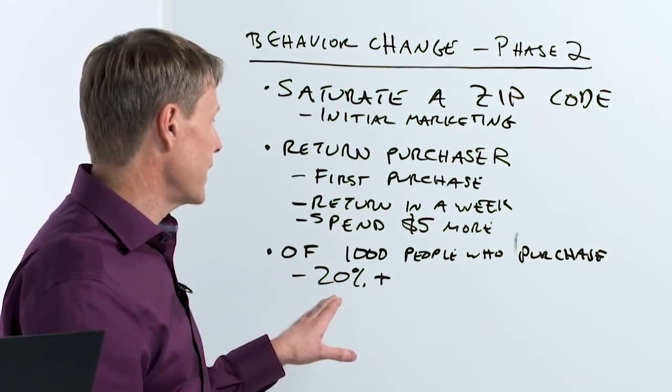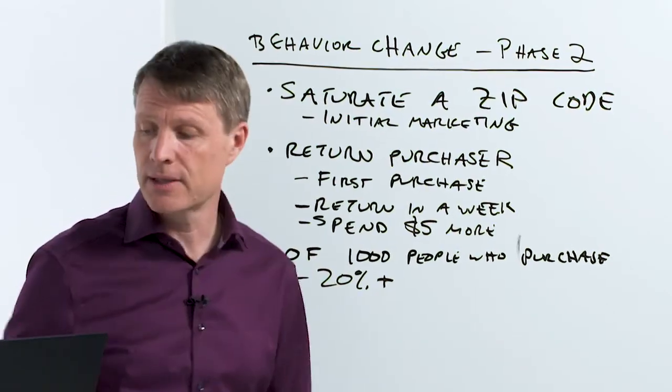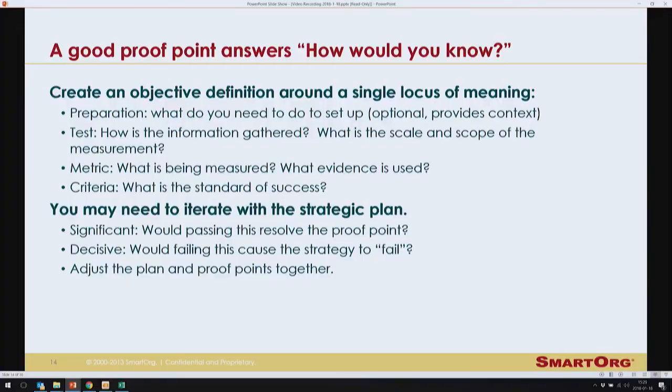So that's their test. And if we go back to the procedure here, you can see a good proof point answers the question how you would know. So what you need to do here is create an objective definition around a single locus of meaning or idea, in this context, behavior change. Now it typically has 4 basic elements. The preparation or the setup. That usually provides context. It may be clear, but you might need to think about it a little bit.